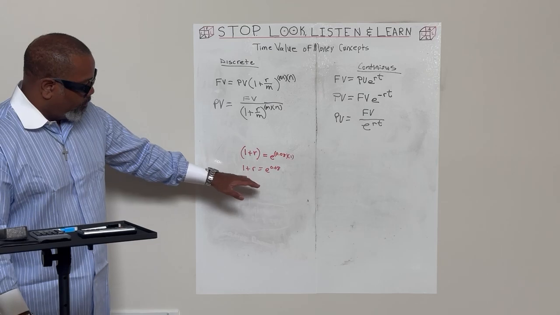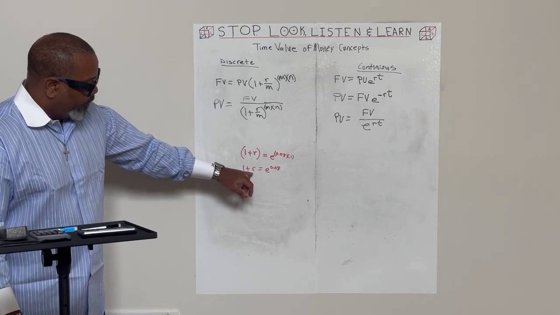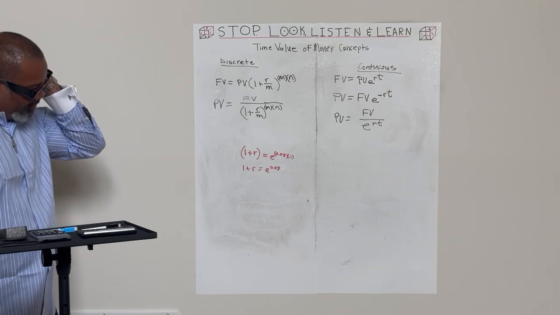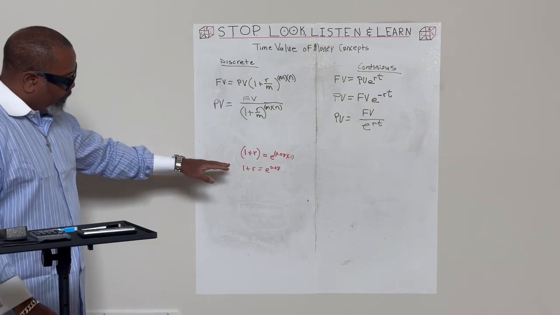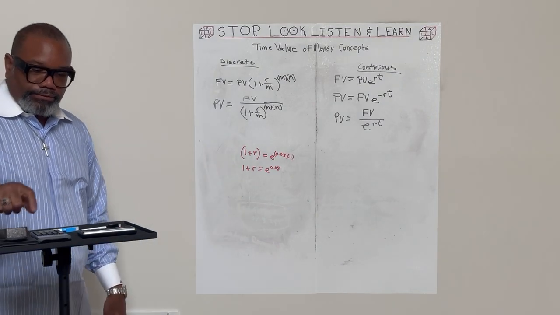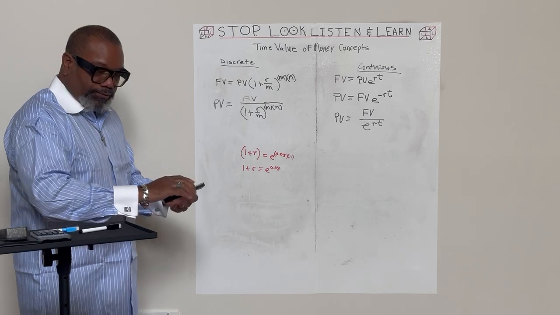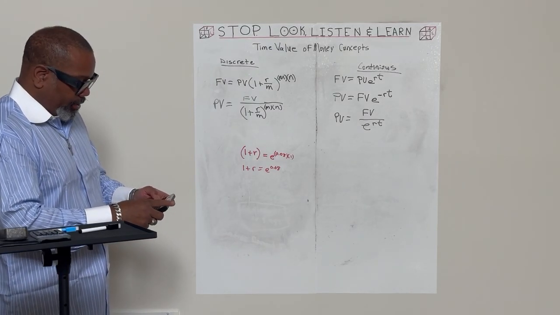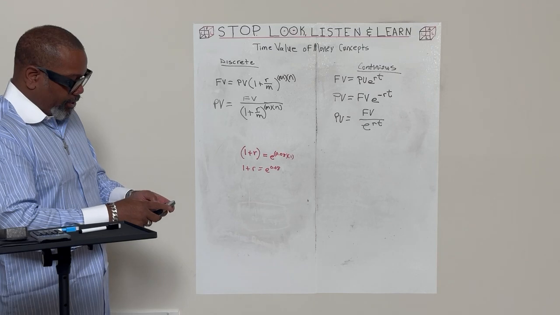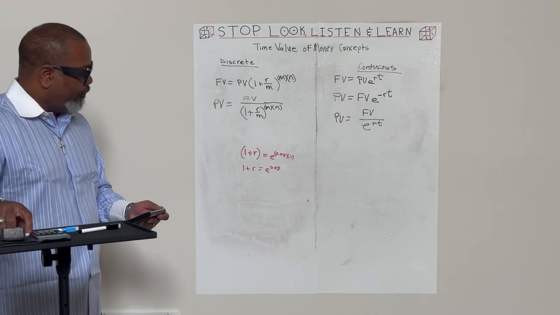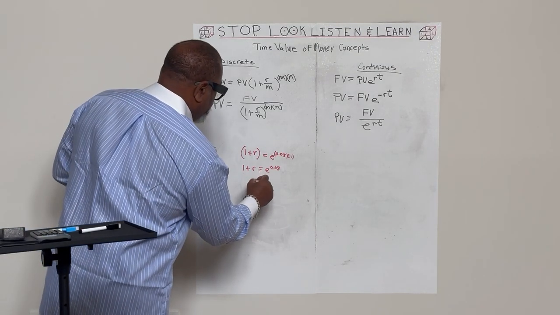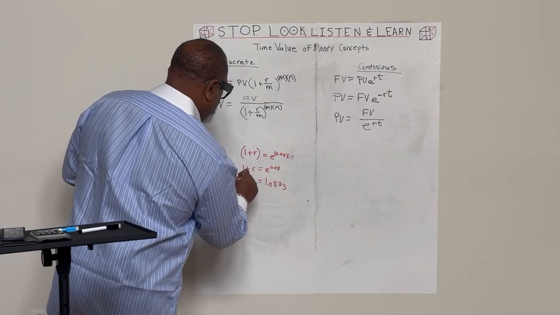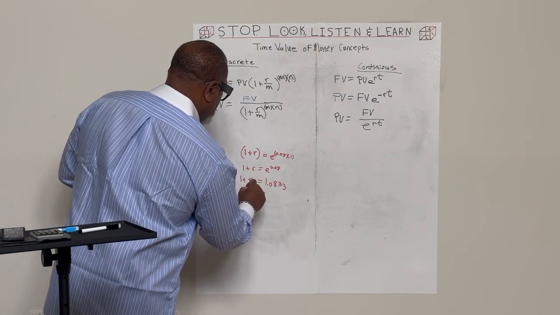Now, what we want to do is solve for R, right? So what we do is we just type 0.08 and hit the second button, e to the x. That's gonna give us 1.0833, and then 1 plus R, and then get R by itself.